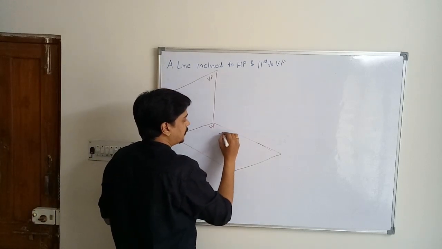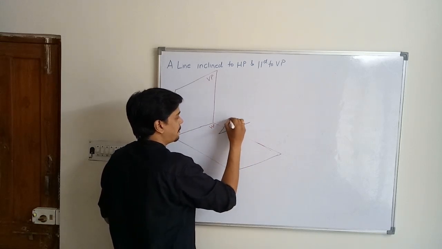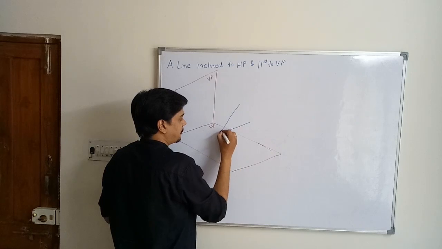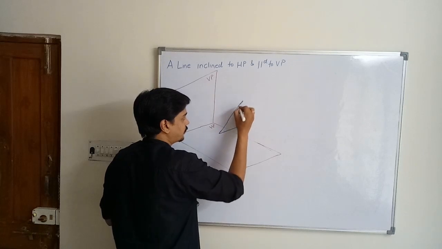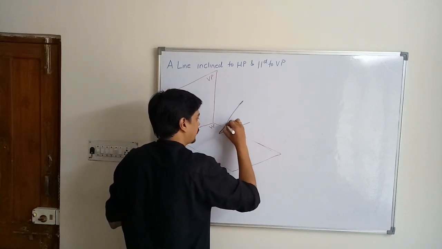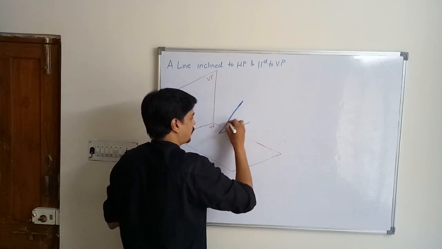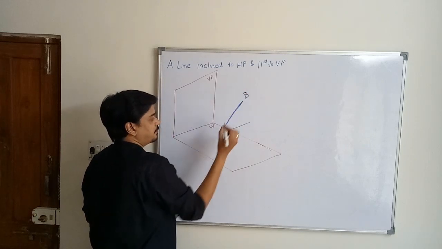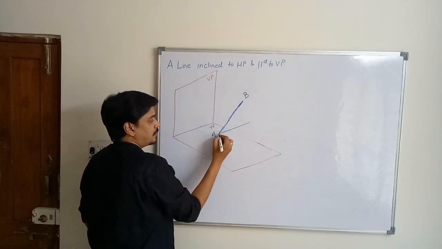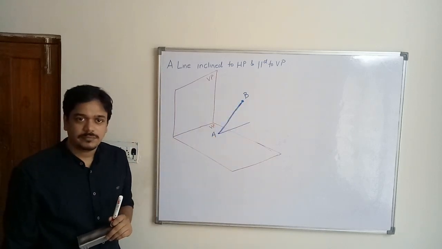So a line is inclined to horizontal plane. Let us take this line as AB. So this is the actual line AB.